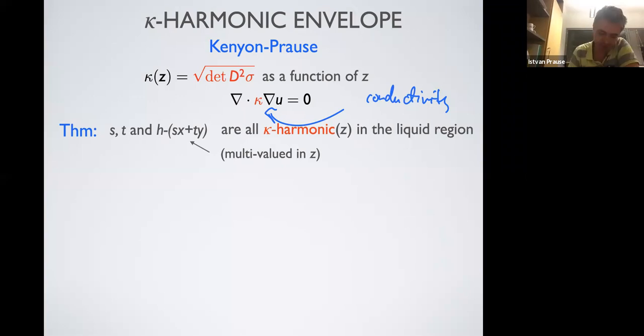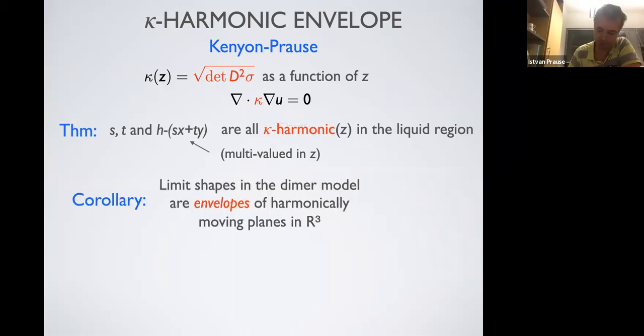The reason for this is that, because of this isothermal coordinate, the Hodge star of kappa times the gradient of T will be, for instance, the gradient of X, which I introduced in the previous slide.